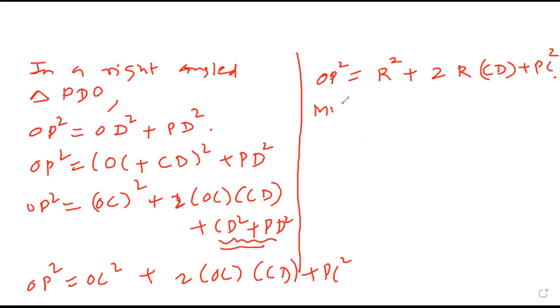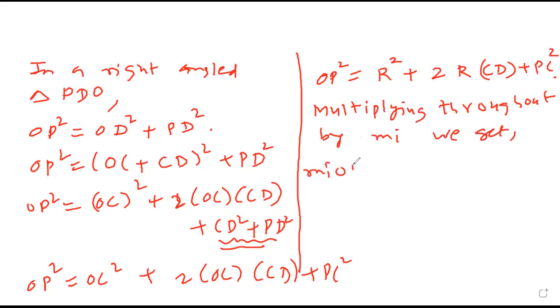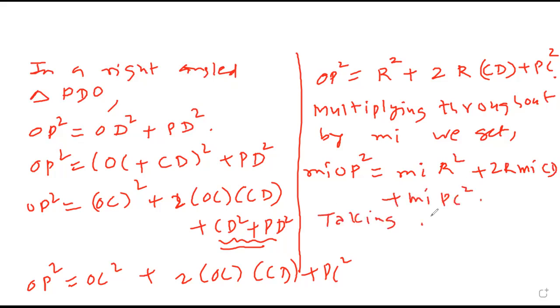Now I'm multiplying throughout by Mi. We get Mi OP square is Mi R square plus 2R Mi into CD plus Mi into PC square. Now taking summation because moment of inertia we want. Taking summation throughout we get.